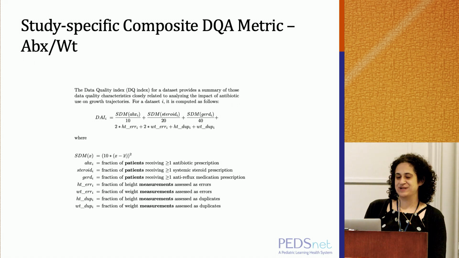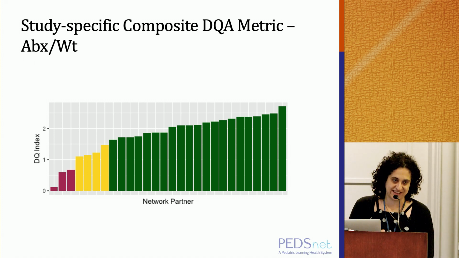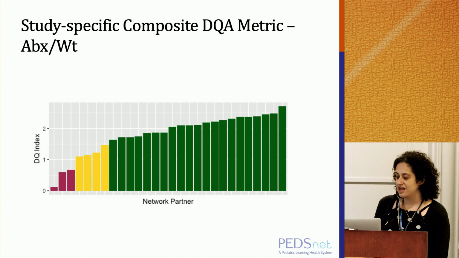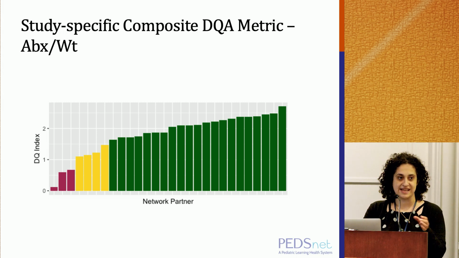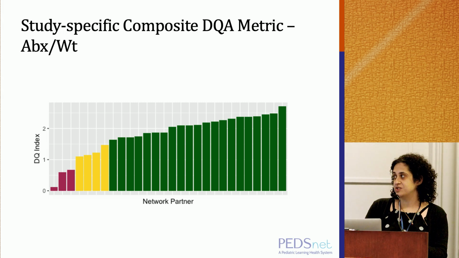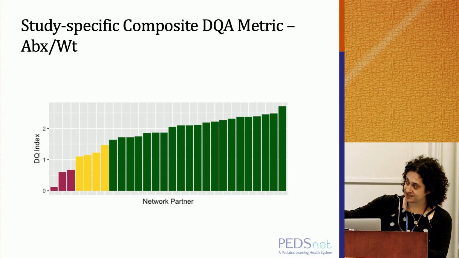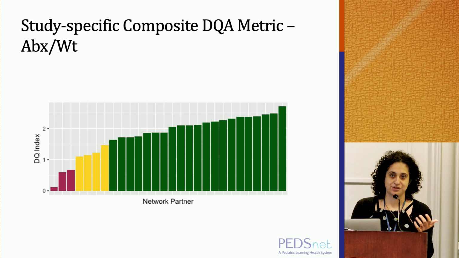This is the experience that we've had so far, but we have no systematic way yet of incorporating these things into our data quality. Again, this was for that antibiotic study, coming up with a data quality index per site, so that sites can benchmark against each other on how well their data contributed to the network. We actually ended up dropping some of the sites in red from the analysis because their data just wasn't good to use.